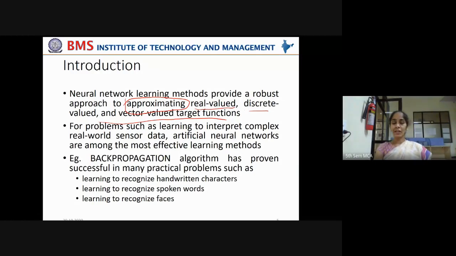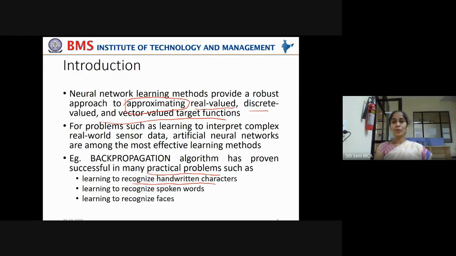And the backpropagation algorithm, which we are going to see in this chapter, has proven successful in many practical problems such as learning to recognize handwritten characters. This requires artificial neural networks. Why? Because each person writes a particular number in 100 different ways, right?